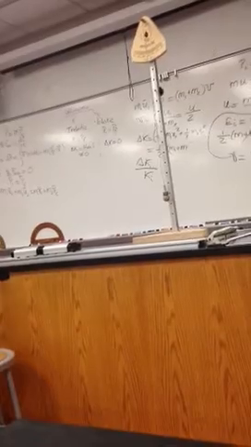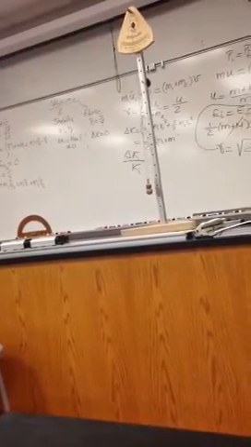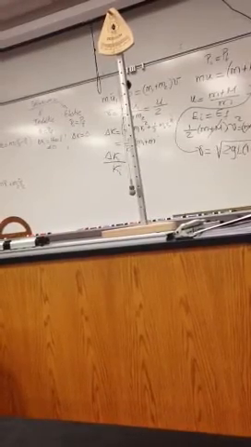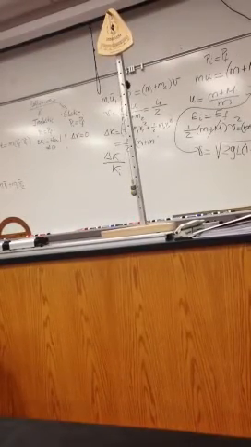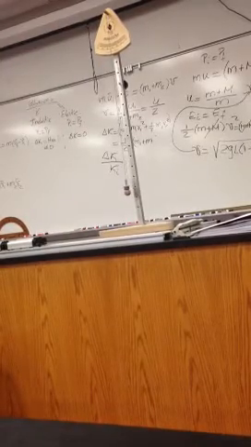Equal. At the end, we don't have the combined momentum. Why? Because it passes through the block. So we have to have the sum of both momenta. What is the momentum of the bullet?